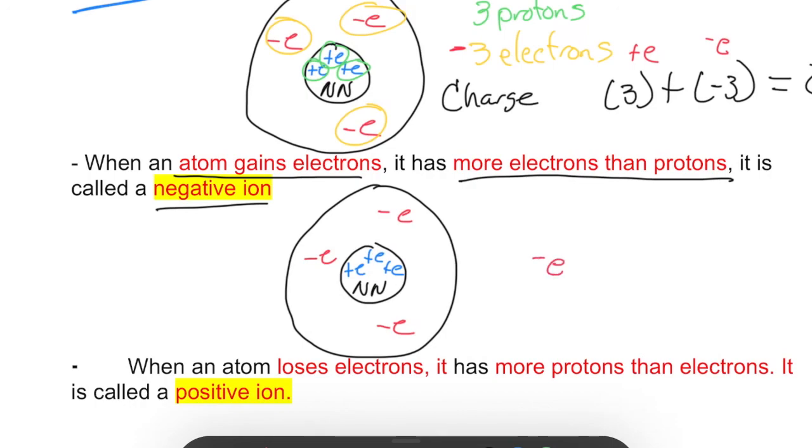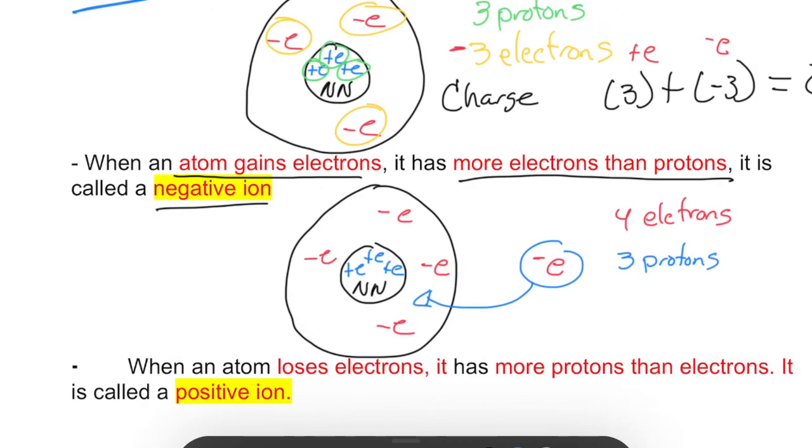Now if this atom gains 1 electron, now it has what? 4 electrons. And when we find the charge of this atom, we have 4 electrons, and we have 3 protons.